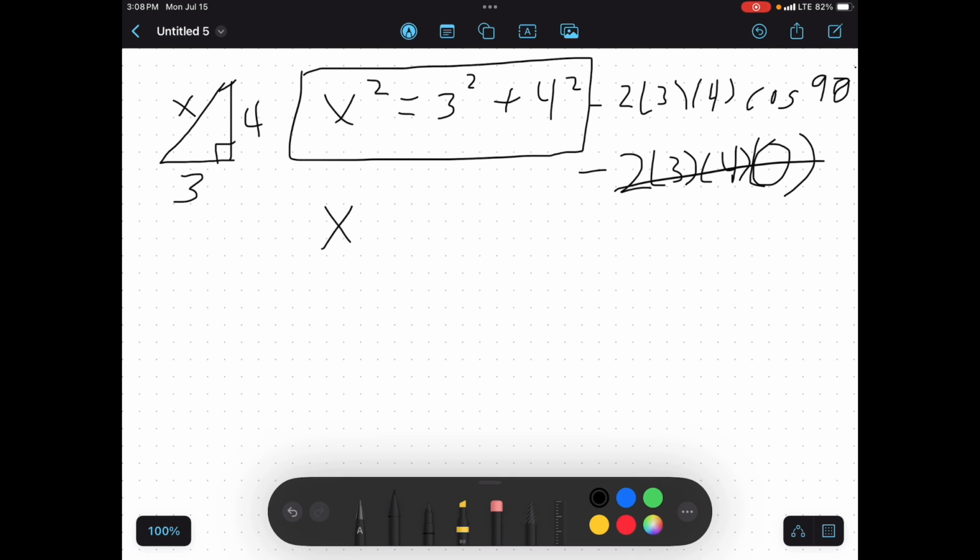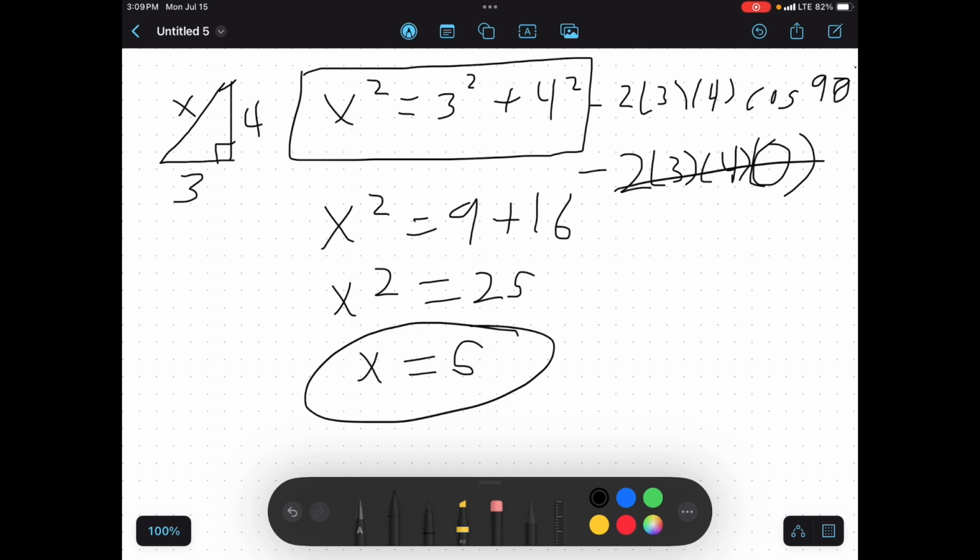Or we can do the math on it and say that x squared is equal to 9 plus 16, which means x squared is equal to 25, and therefore x is equal to 5. So there it is. The law of cosines can work on right angles as well, but really that's just the equation associated with the Pythagorean theorem.